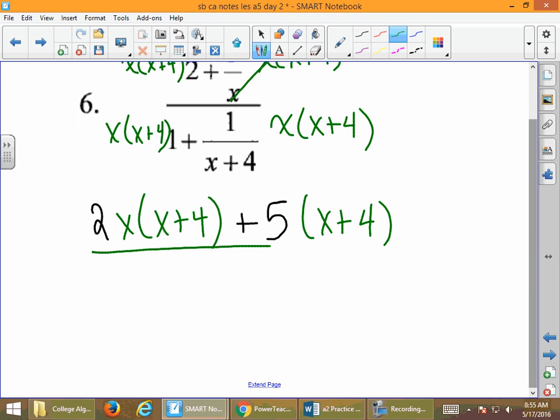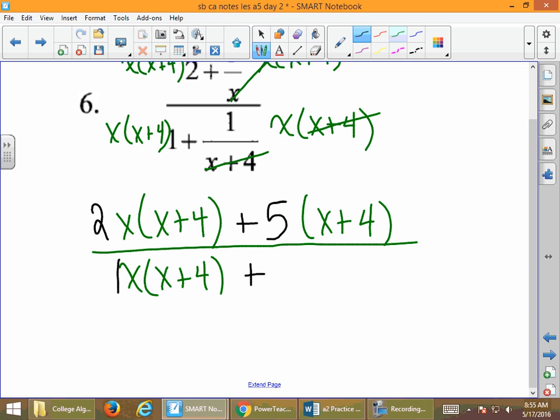As we look in the denominator of our complex fraction, it's going to be 1 times x plus 4. I'm going to put the 1 in there. We don't really need to write the 1, but there it is anyway. And then over here, our x plus 4's cancel out, so it's going to be plus 1 times our x. And again, we don't really need to write that 1.